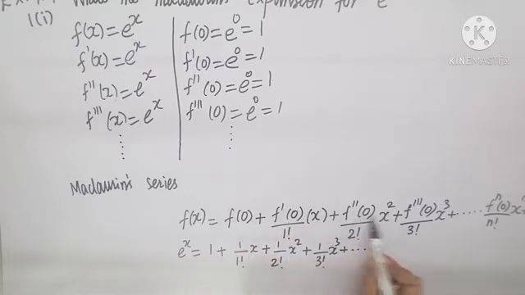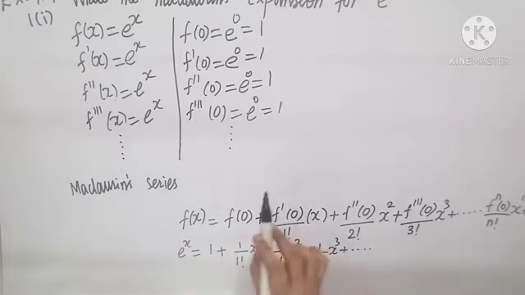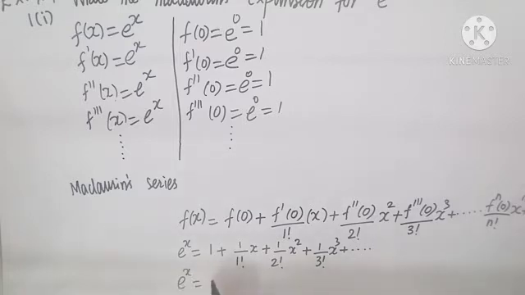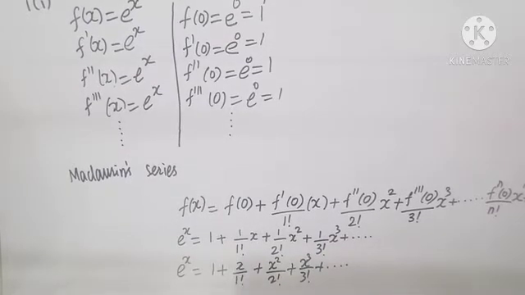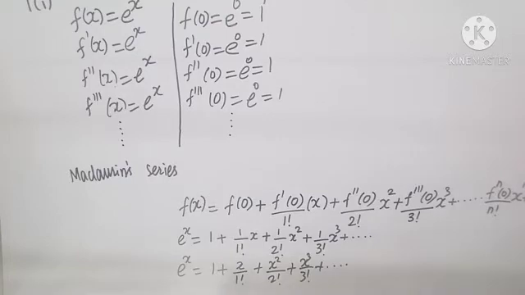Every value is 1 only in this problem. As I rewrite it, I can write 1 plus x by 1 factorial, x square by 2 factorial, x cube by 3 factorial, and so on. And this is the expansion for e power x.